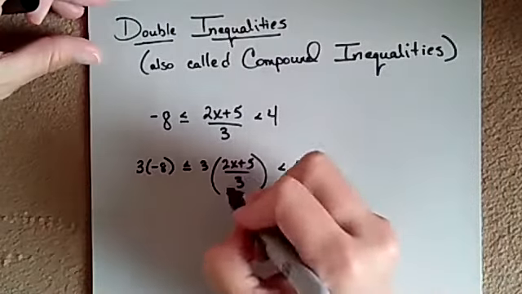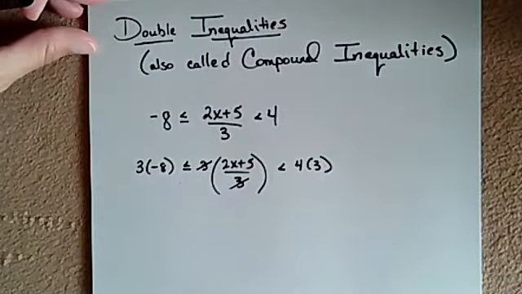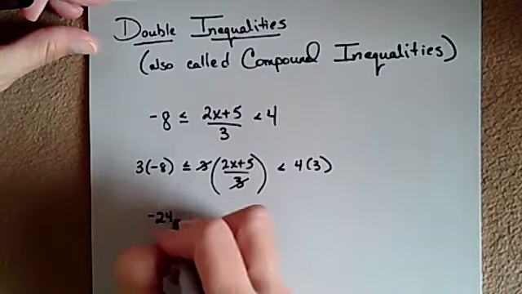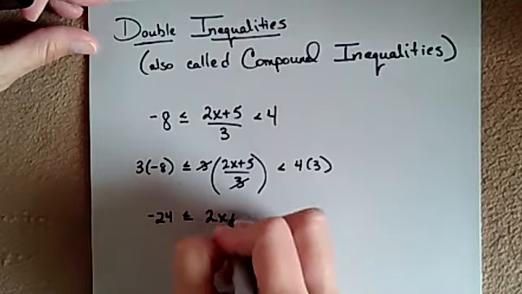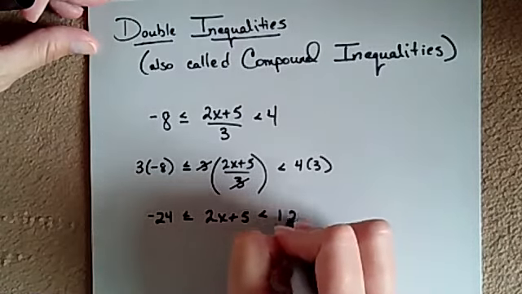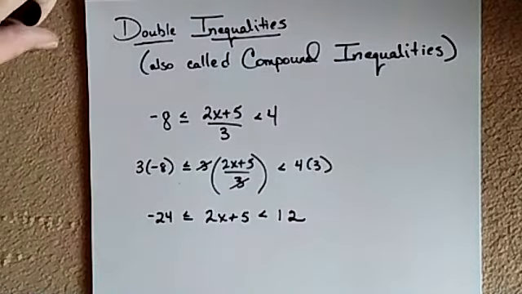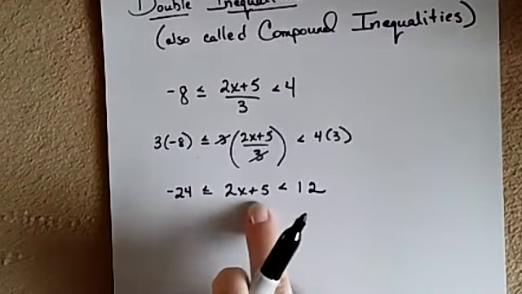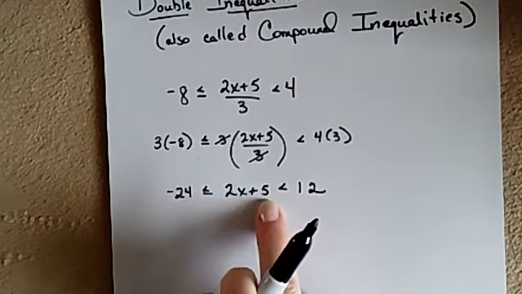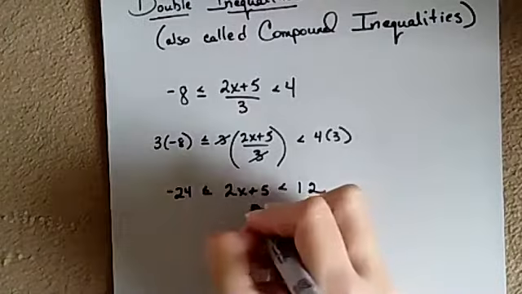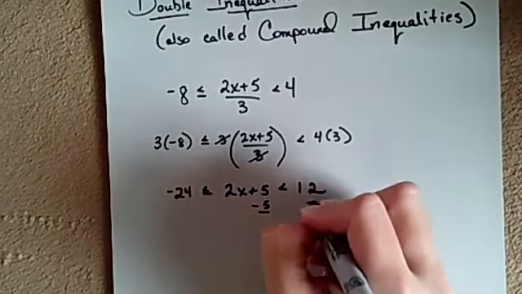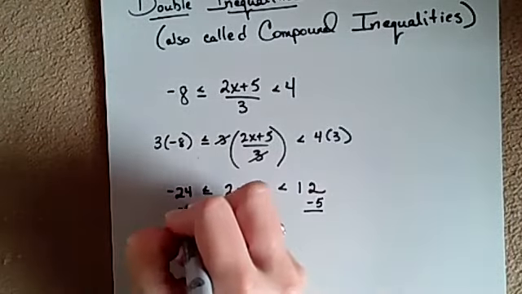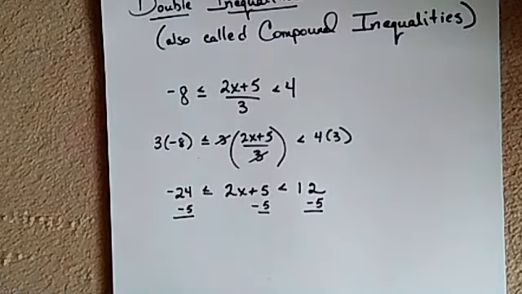By doing that, our 3's cancel in the middle, getting rid of the denominator. Okay, so no more denominator. Now as we approach this, we want to get rid of the 5, and we can do that by subtracting 5. We just have to subtract from all 3 sides.